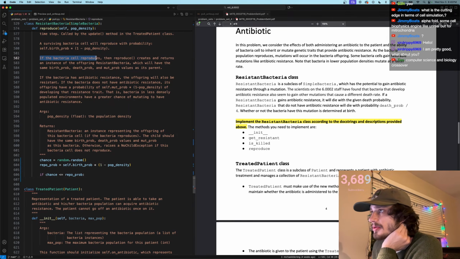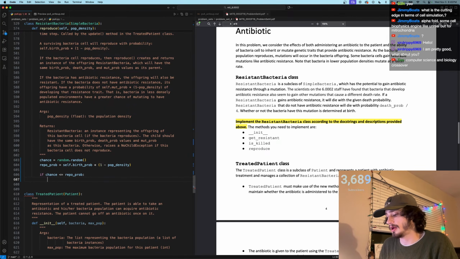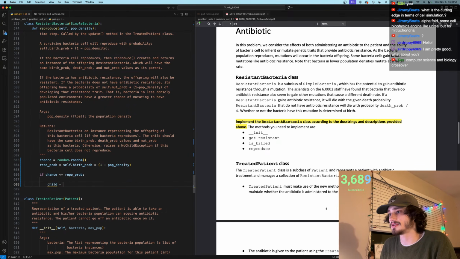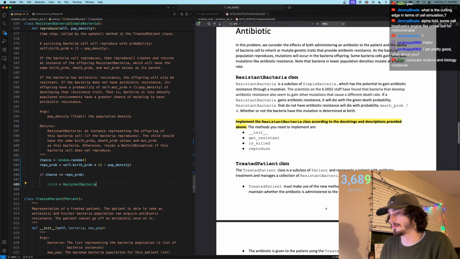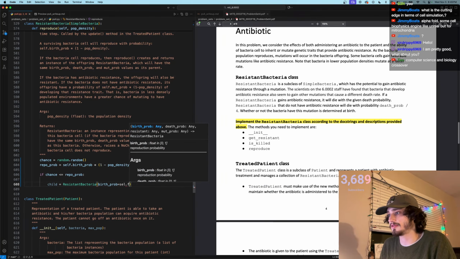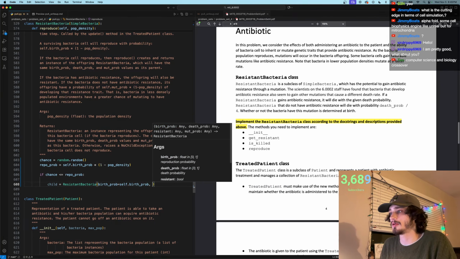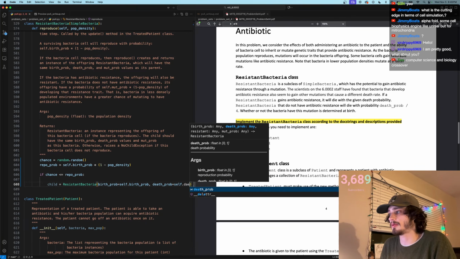If the bacteria cell reproduces, then reproduce creates and returns an instance of the resistance bacteria class. Okay, so we're going to say child is equal to resistant bacteria, and birth prob is going to be equal to self dot birth probability. Death probability is going to be equal to self dot death probability.